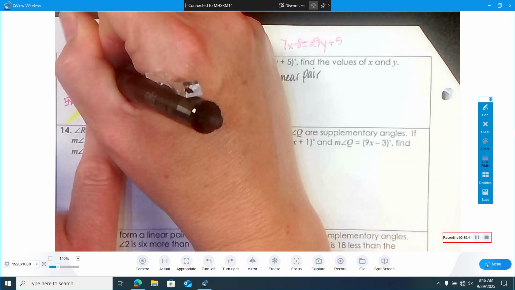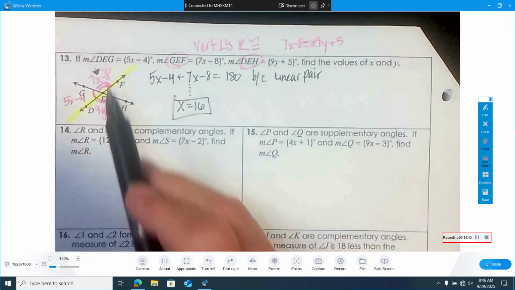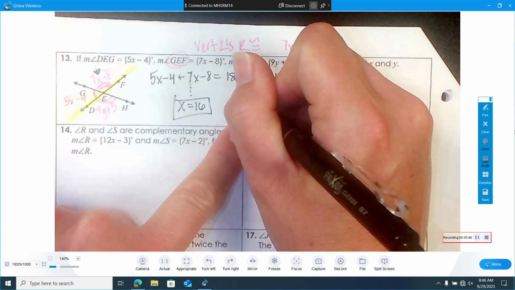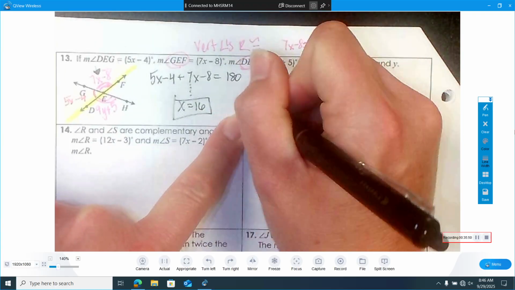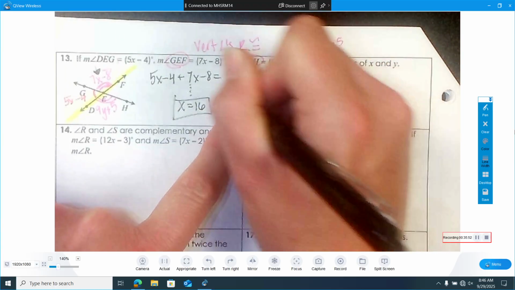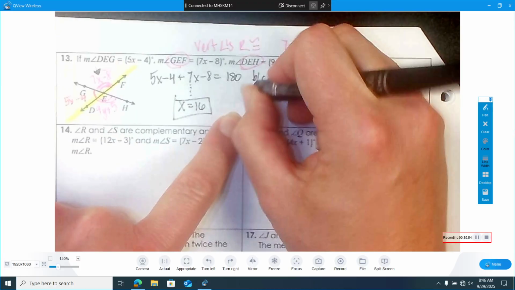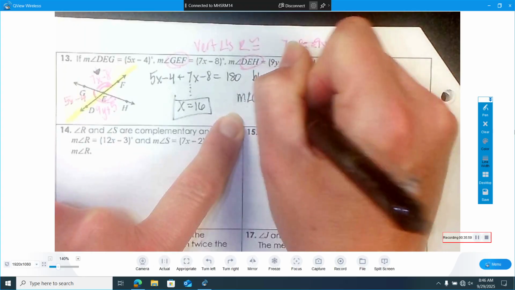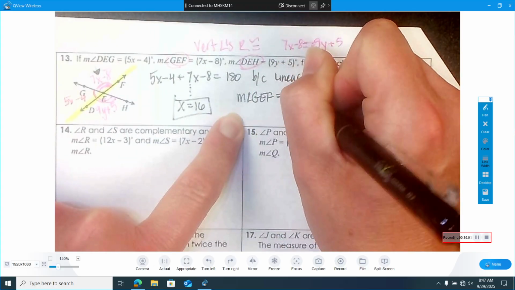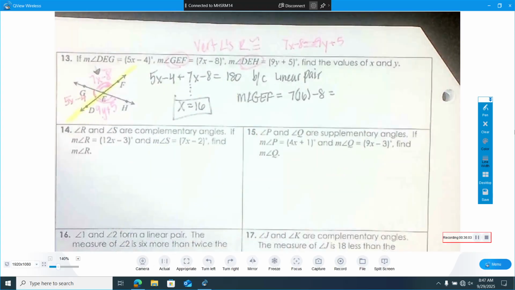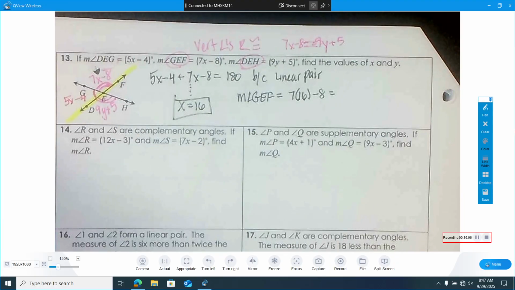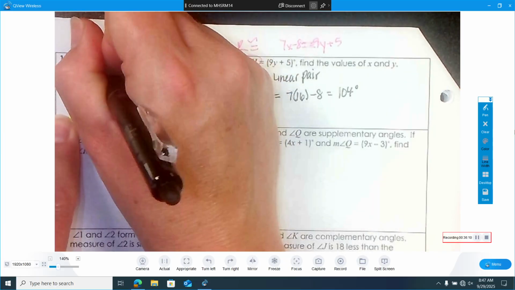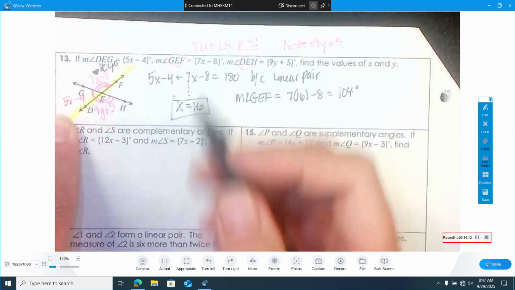So I'm definitely going to plug it into the pink here, G, E, F. So I'm going to write the measure of angle GEF is going to be 7 times 16 minus 8. What do we get for that? 104. 104, okay. So this is 104 degrees.